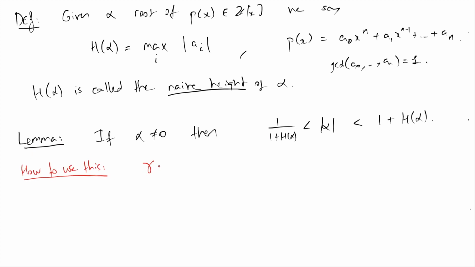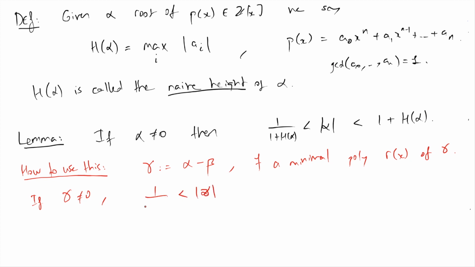So if we say gamma is alpha minus beta, remember we had two algebraic numbers, alpha and beta, then there is this minimal polynomial, maybe r of x, of gamma. Now if gamma is non-zero, then the absolute value of gamma will be greater than 1 over 1 plus h of gamma.